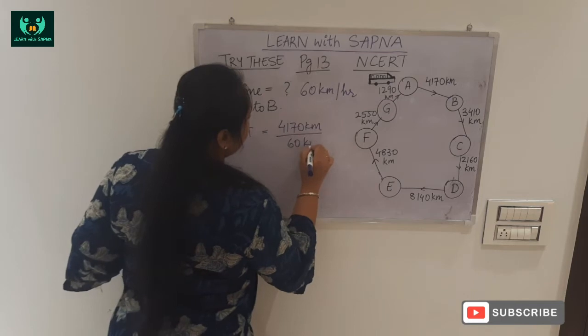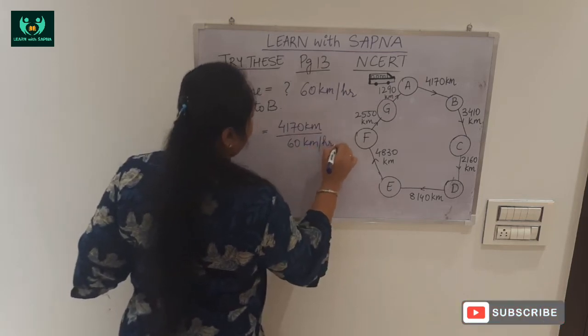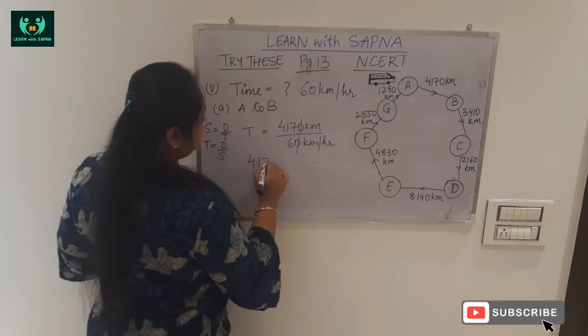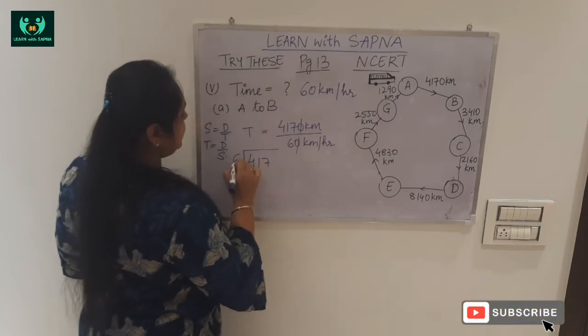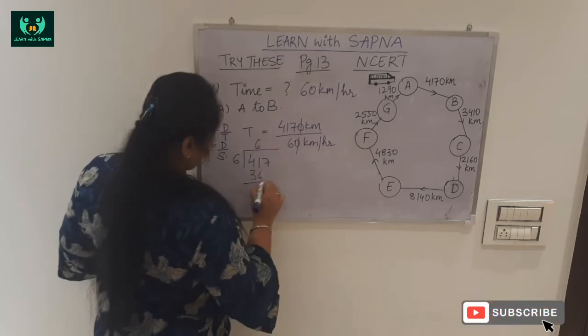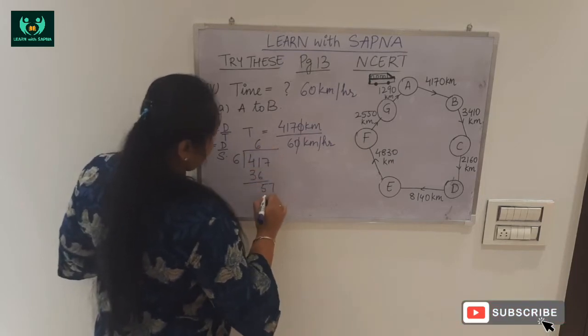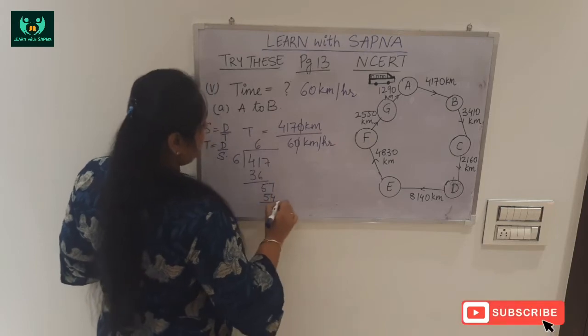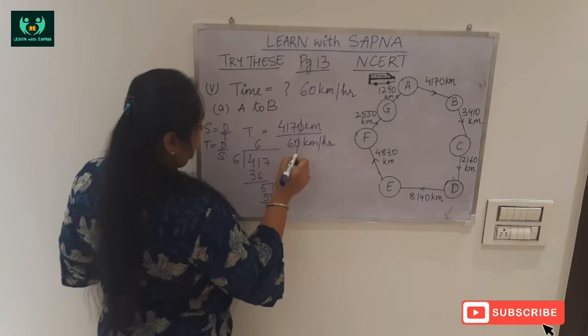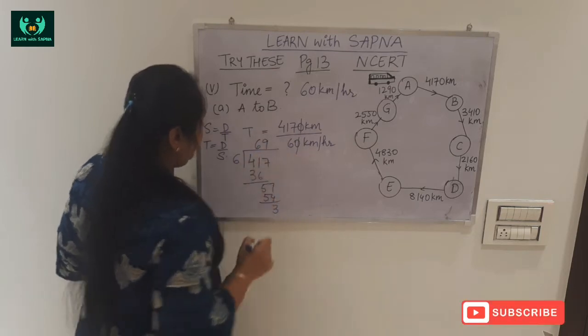60 km per hour. Now this 0 goes with 0. 417 when we divide by 6. 40 doesn't go. 36 by 6. We are left with 57. 54 goes. 54 is 9.